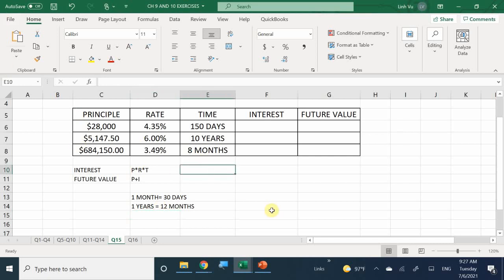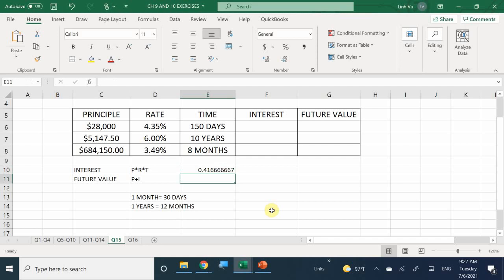But because I want it in terms of years, what is 5 divided by 12? 0.41666.